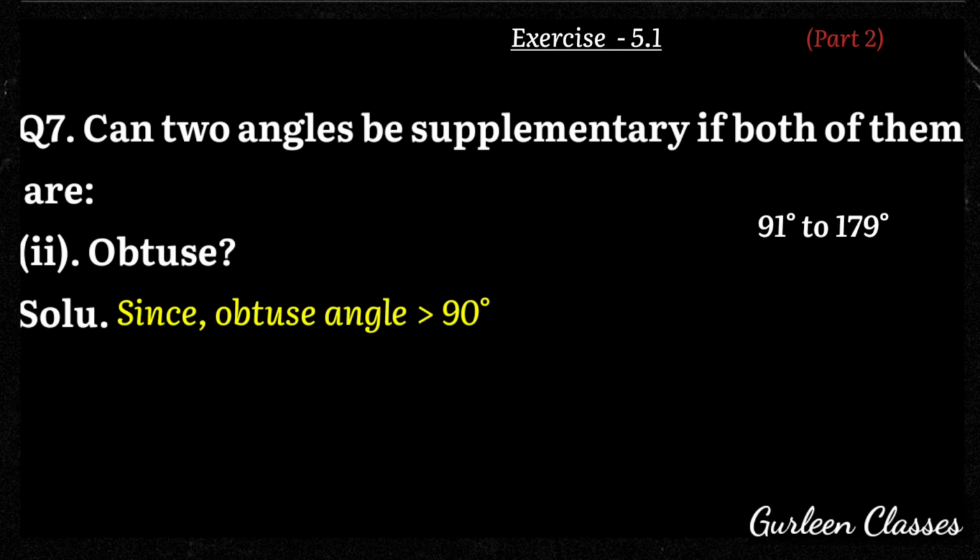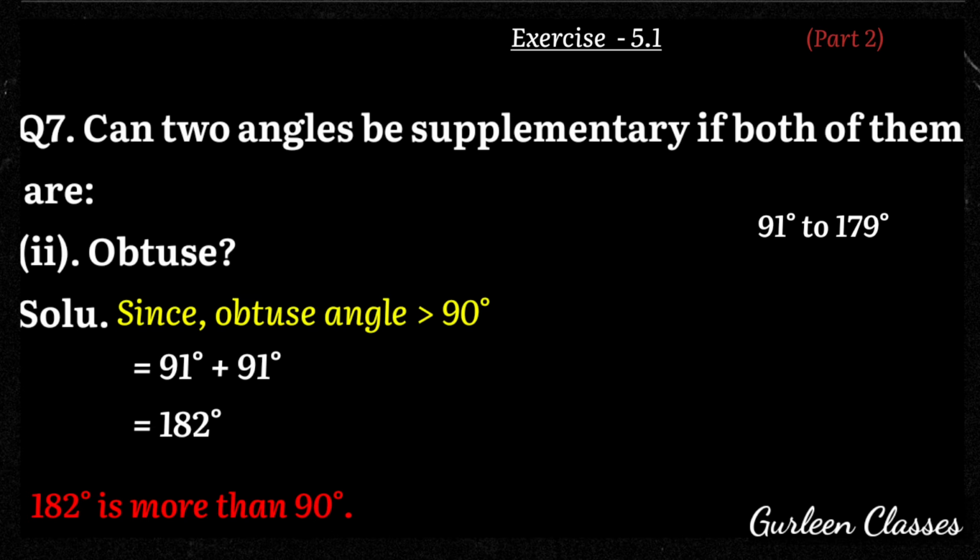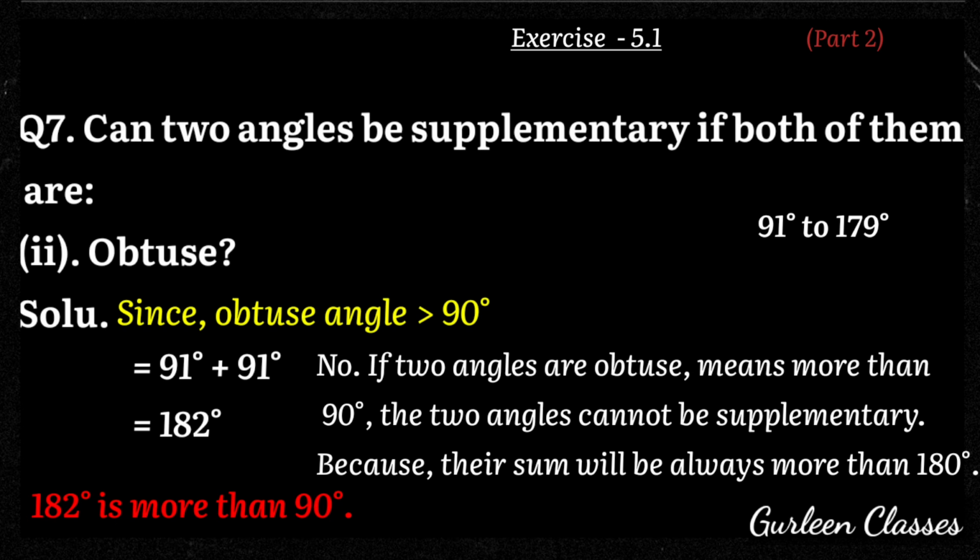So let us take here the lowest obtuse angle, that is 91 degree. So 91 degree plus 91 degree, that is 182 degree. 182 degree is more than 180 degree. So students, the answer will be no, because their sum will always be more than 180 degree.